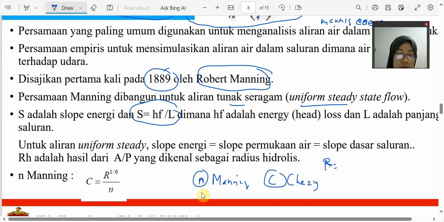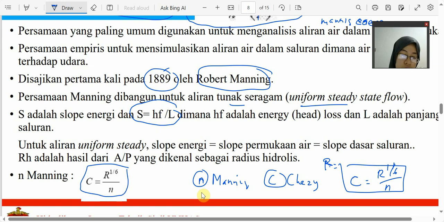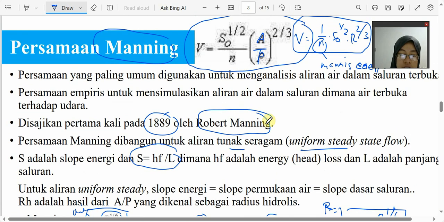So how are these two equations connected? C is equal to R to the 1/6 over N. So this is Chezy, this is N of Manning. Okay, so this is the Manning.